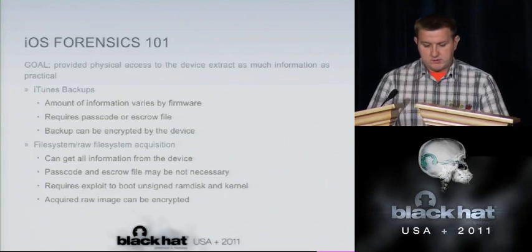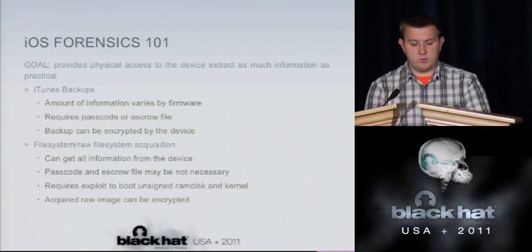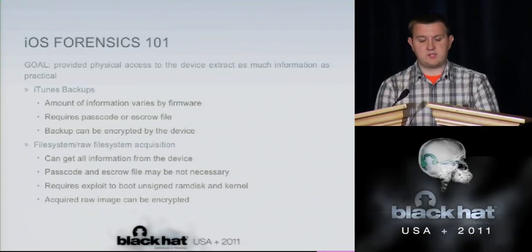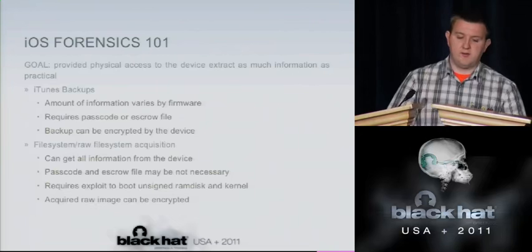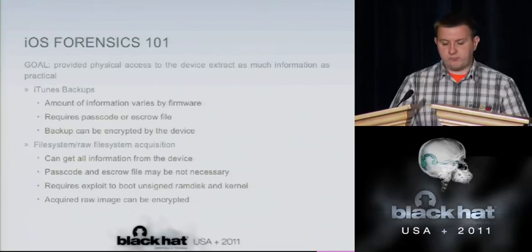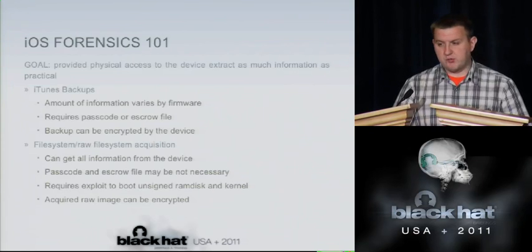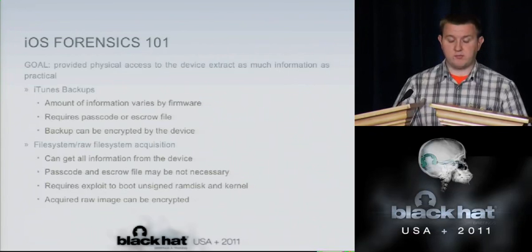There are two downsides. The first is that we need a boot ROM exploit, a boot time exploit, which limits the scope of this attack. For example, at this time there is no public boot time exploit for the iPad 2, so this device currently cannot be acquired physically. And the second problem is that raw images which we can acquire with this method can be encrypted.